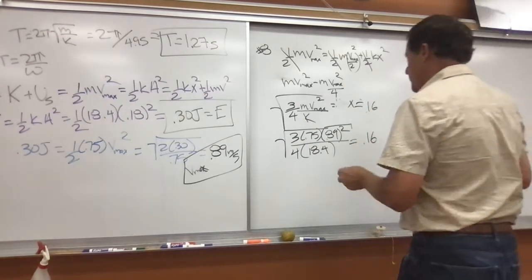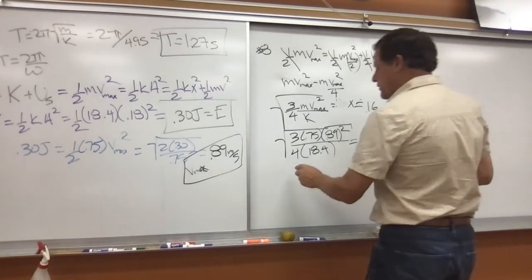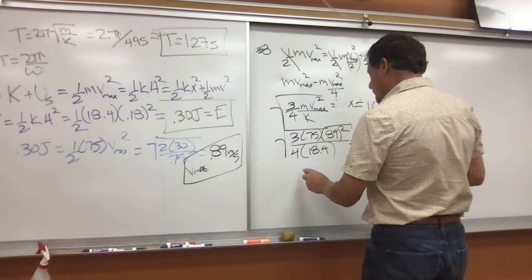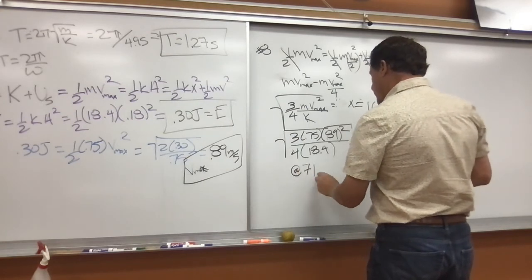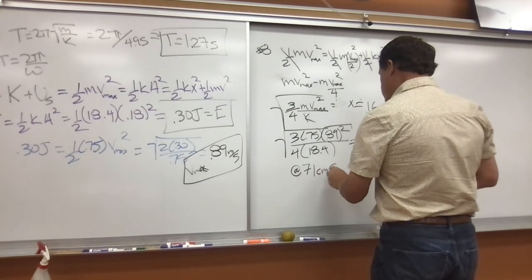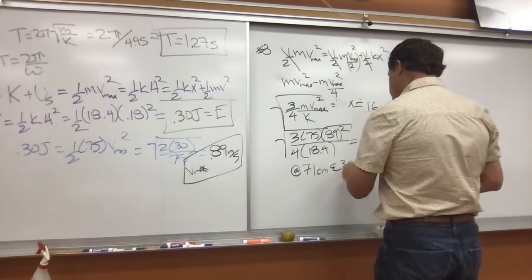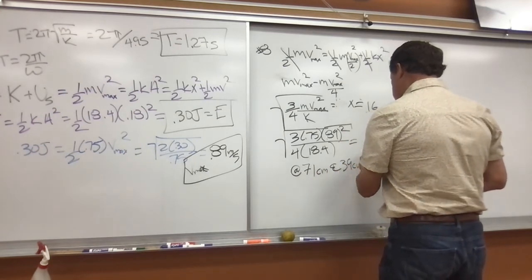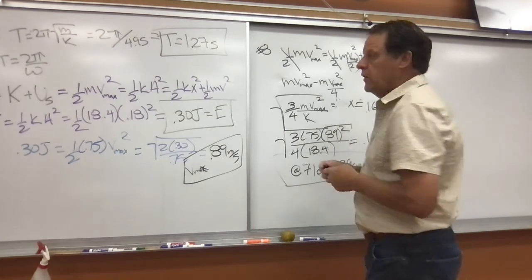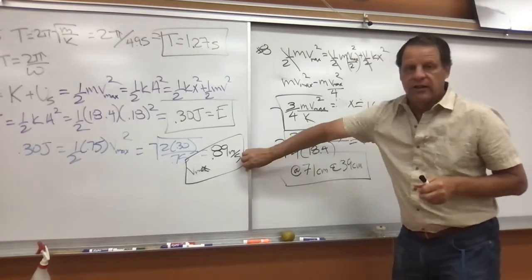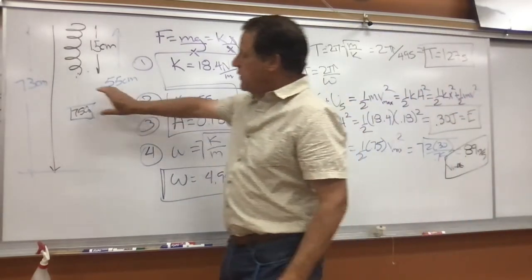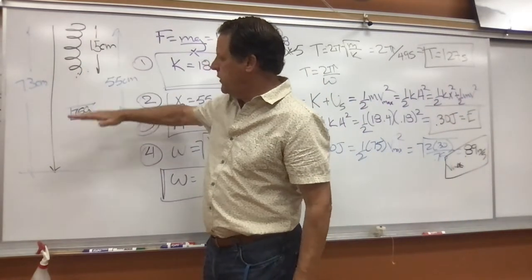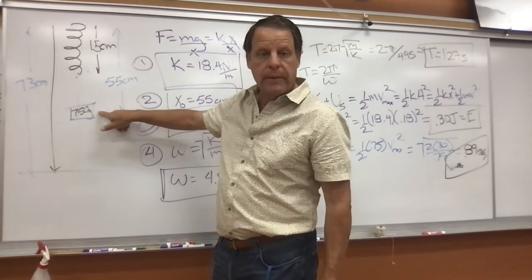So our real answer to question number 8 is 71 centimeters and 39 centimeters. Okay, so if we look at our diagram of our spring, it's going back and forth, and right there in the middle would be our maximum.